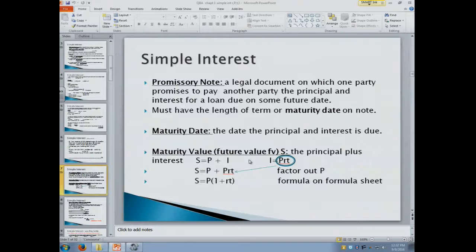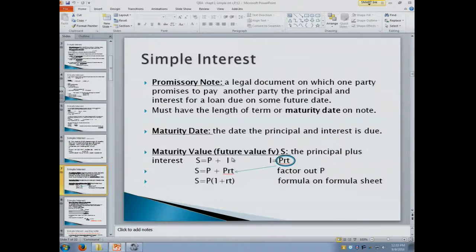So we are going to derive that future value formula. So S means maturity value or future value. And S could either be represented by S, MV, or FV. And it's the principal plus the interest.